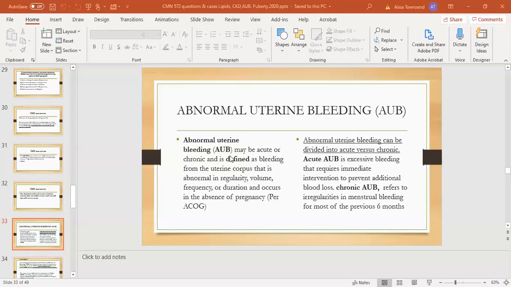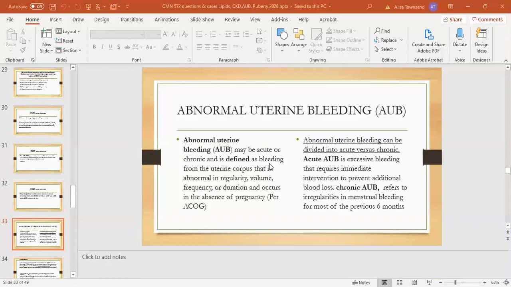Abnormal uterine bleeding. Okay. Sorry, I'm trying to look back and forth at the question and look at this. I apologize. Abnormal uterine bleeding, acute or chronic, is defined as bleeding from the uterine corpus that is abnormal in regularity, volume, frequency, or duration, and occurs in the absence of pregnancy.